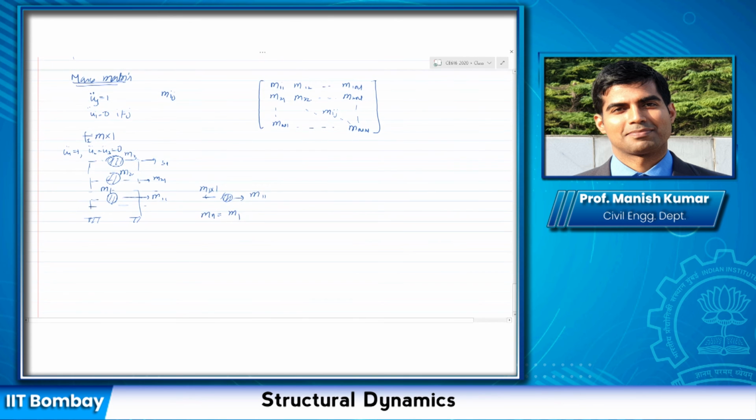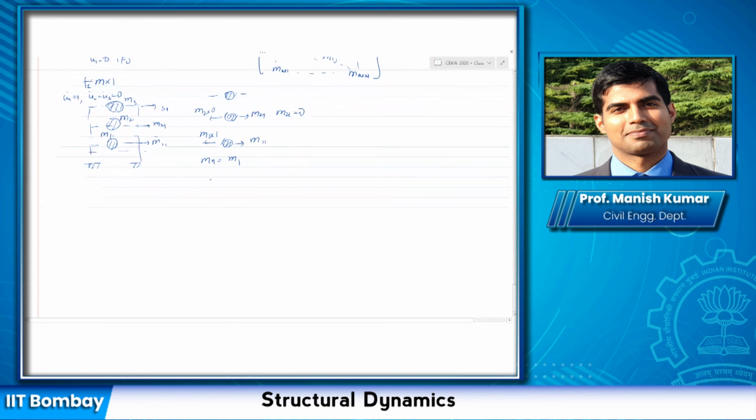In this case, there is no acceleration, 0 unit acceleration. So this would be M2 times 0, and this is M21. So M21 would directly be equal to 0, and so on. If you follow this procedure, you will see that only at the degree of freedom at which unit acceleration is applied, for a lumped mass system, you would get a finite influence coefficient. This would give you the first column as M1, 0, 0.